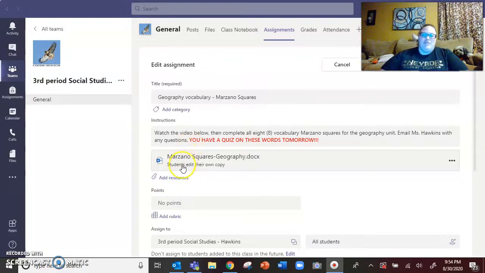So you have 2 resources down here. You've got the link, which you've already found, and the Word doc that says Marzano Squares Geography. What you're going to do is click that to open. Nice, easy, simple.